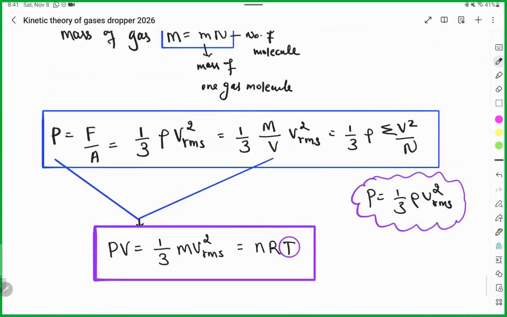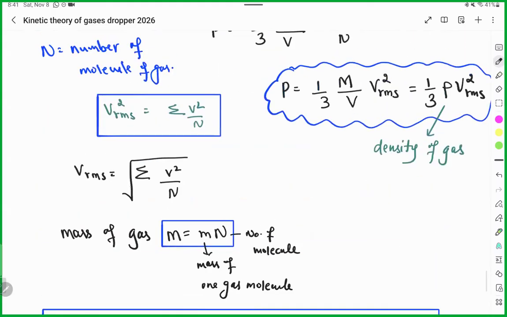Now you tell me, based on this topic, pressure is equal to 1 by 3 rho v square. Can I say this VRMS square will be equal to 3 capital P by rho?